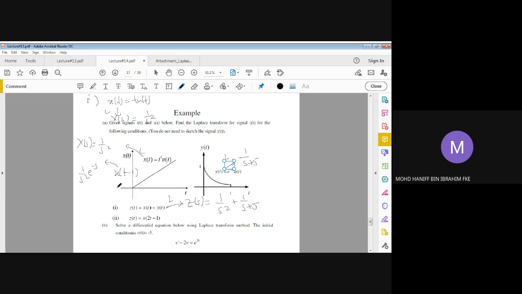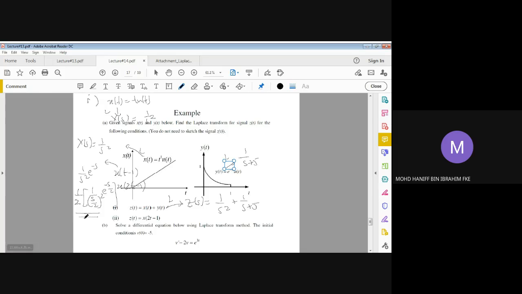And then when we have a scaling of time, 2t minus 1, we can simply write it as 1 over 2, and then 1 over s divided by 2 squared, times exponential of negative s divided by 2.